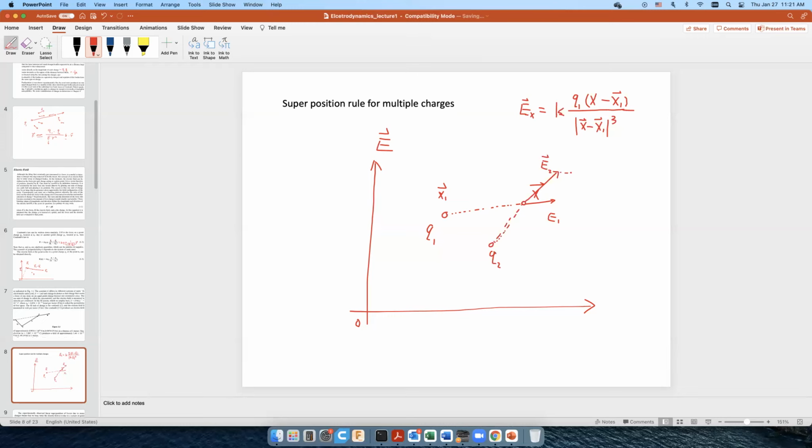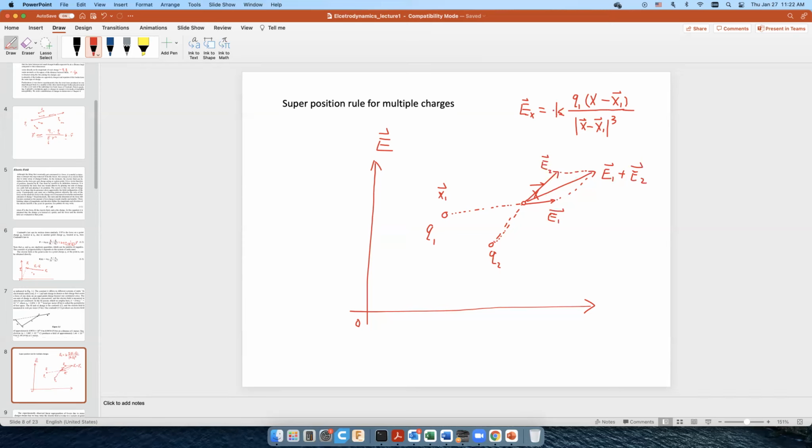You can do a vector sum of E1 and E2. Then this is E1 plus E2. So the superposition rule tells us if there are two charges, then the electric field can be calculated by first calculating E1 and then calculating E2, and then summing E1 and E2, and you will get the final electric field at this position.